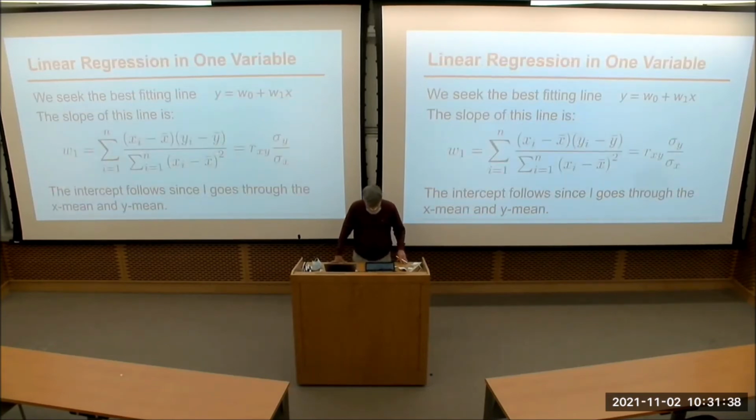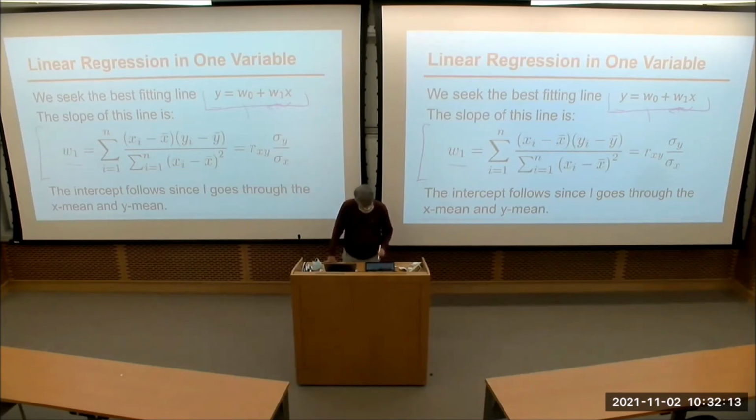If we interpret this in one dimension, what linear regression is doing becomes a little bit clearer. The best fitting line in one dimension is y equals an intercept plus a weight times the variable. What is the slope of the best fitting one-dimensional line?